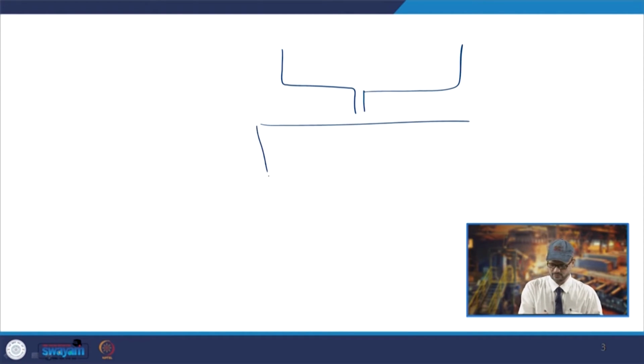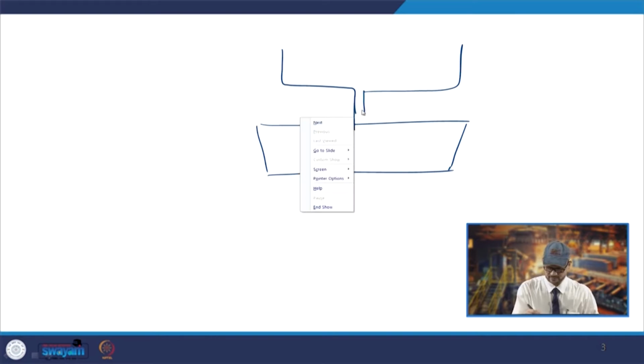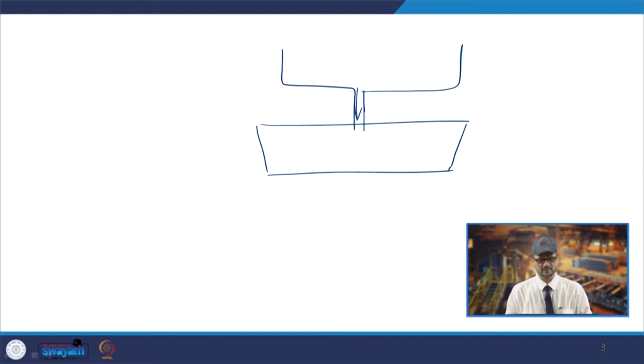This will be your tundish, and there will be entry of liquid metal from the ladle into the tundish, and then you have these outlets. These are the exit ports of the tundish.